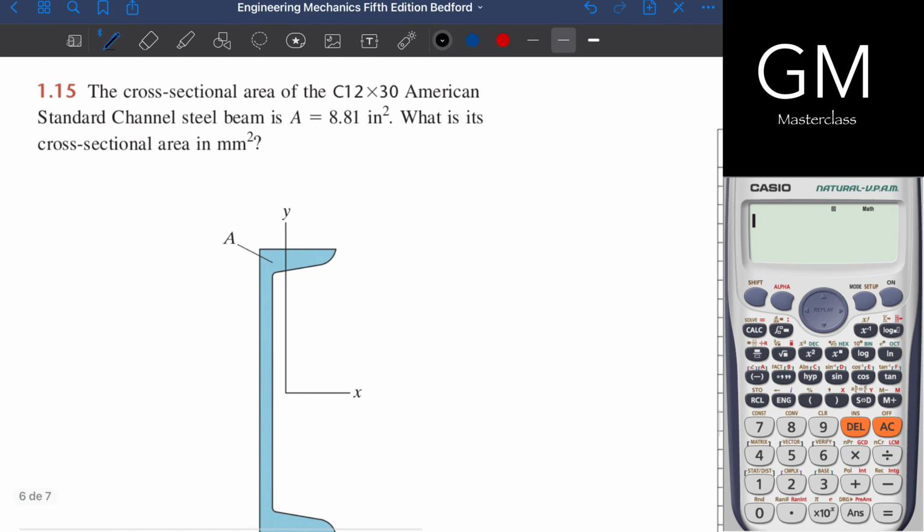So this is pretty easy. When we are managing inches, it's important for us to understand that we are managing US customary units. And when we manage millimeters, which is actually meters, we use International System Units.